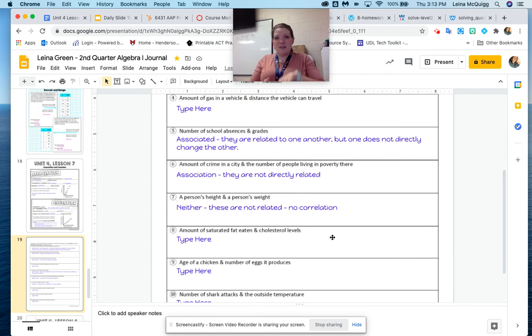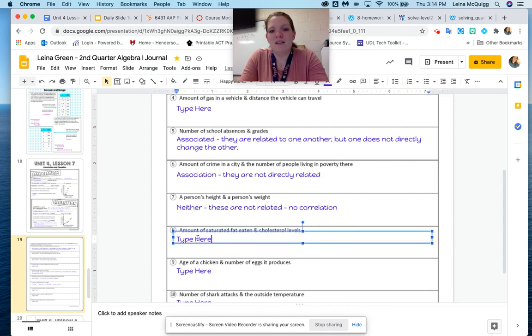So these are directly related to each other. They are directly affecting each other. So they're association and causation. Since they're directly related, that's causation, and they are related, so that's association.